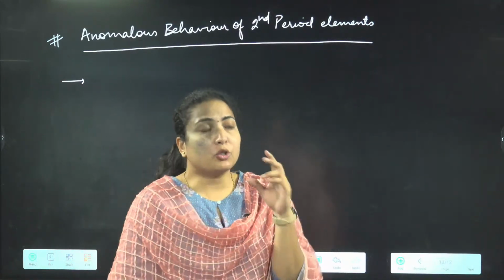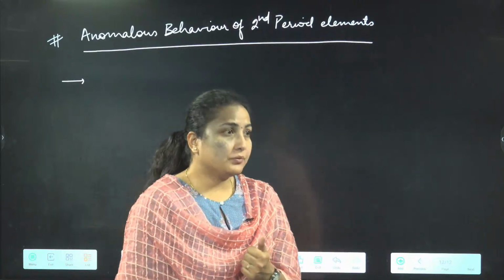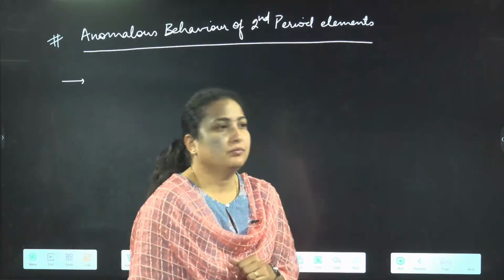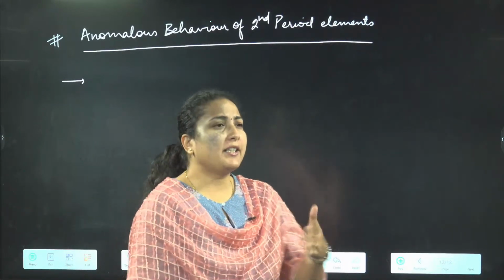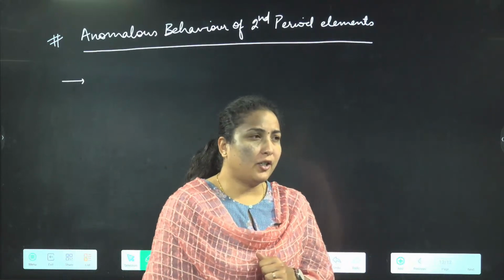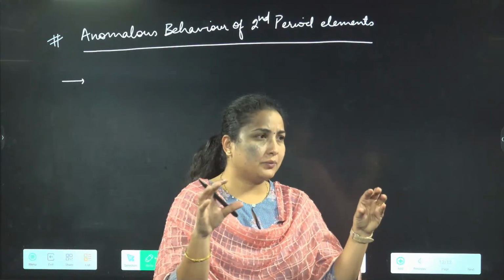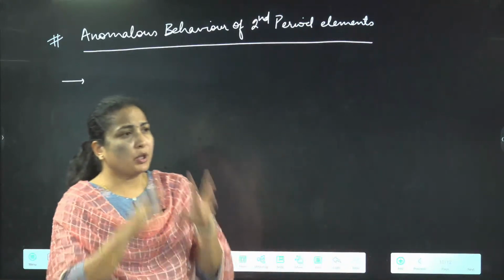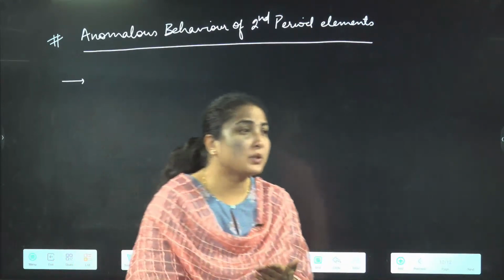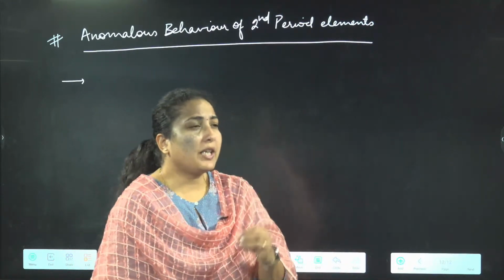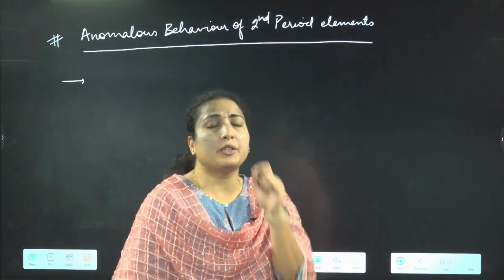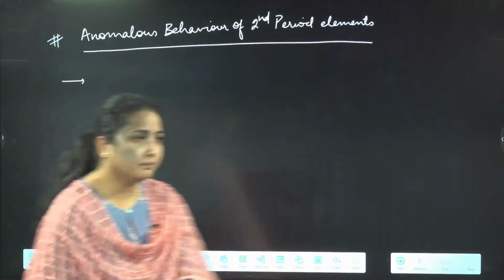So beryllium, most of its compounds are covalent in nature. It can make a maximum of 4 bonds, right? Whereas the rest of the members can expand their octet, right? So basically, are you able to understand, these second period elements are very small. Because of that small size, their electronegativity is very high, right? And because of that also, there are many properties which differ for them as compared to the rest of them, okay?